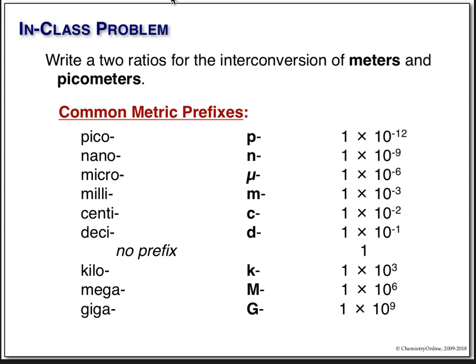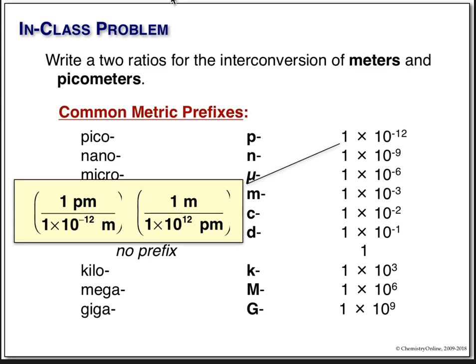Picometer is just going to be pm. Pico stands for 10 to the minus 12 meters. 1 picometer, pico is 10 to the minus 12, and there's our meter.